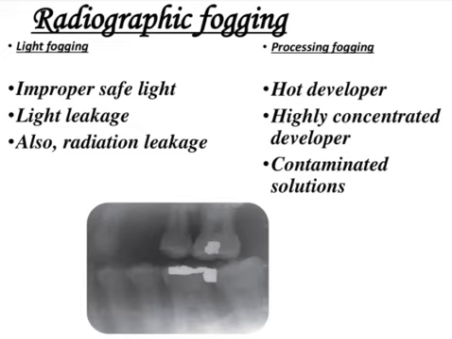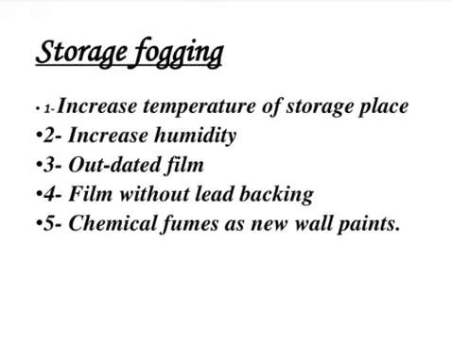If any radiation leakage is found, then the FDA or the SFDA here are going to ask the machine to be uninstalled and discarded with a proper disposal of the hazardous instrument. So that is how you find out the light fogging.